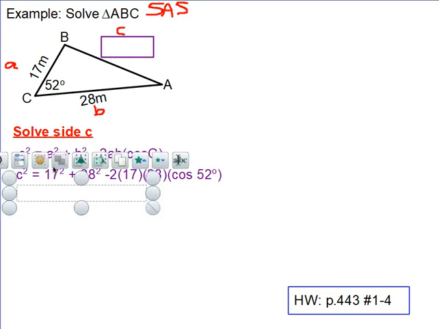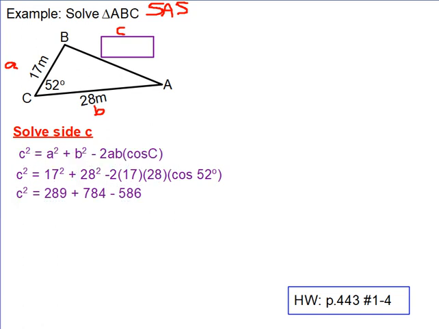Now, when I do this, I'm going to take this chunk by chunk. What I mean by that is, first I'm going to do 17 squared, get 289. Plus, then I'm going to do 28 squared and get 784. Minus, and then I do 2 times all of this in my calculator.